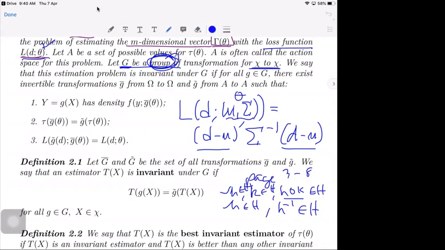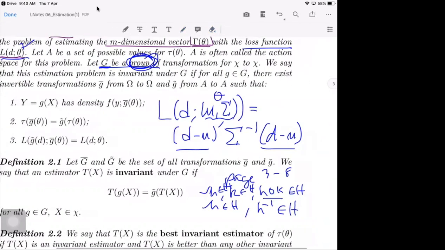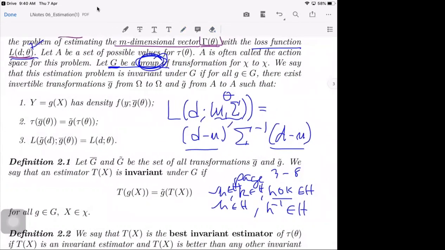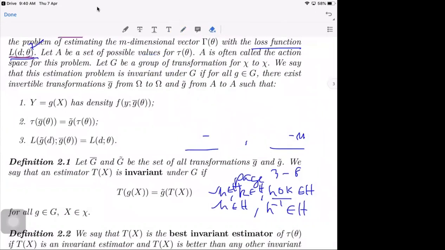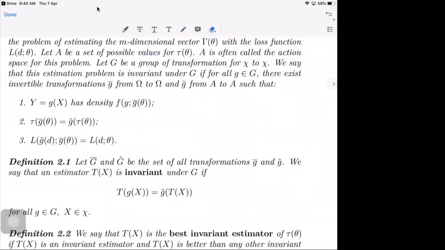And it is an invertible function. So what is this telling us? There is no loss of information even if we do some transformation on our data set and in solving the parameters. All you have to do is also do a transformation on your parameters.